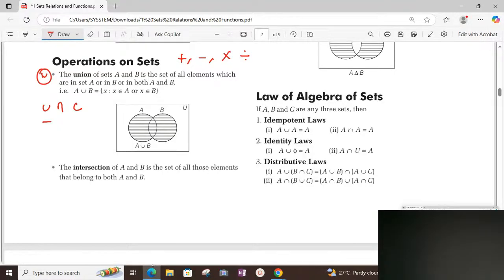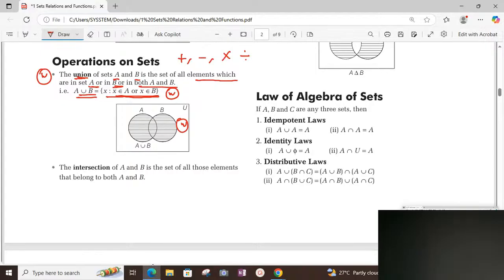Union is a kind of operation on sets. So the union of sets A and B is the set of all elements which are in set A or in B or in both A and B. A union B is generally denoted by this symbol, and this one is written in the set builder form: x is an element of A union B such that x is an element of A or x is an element of B. The graphical representation of the union of two sets is just like this one.